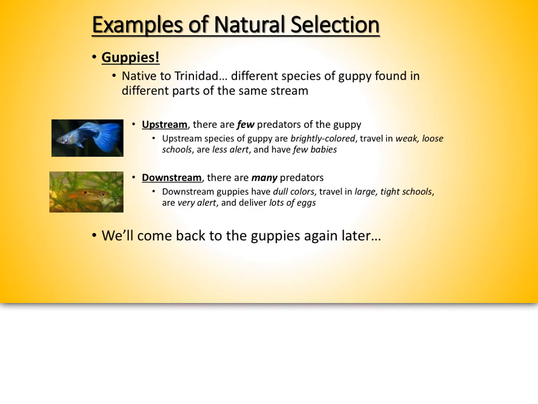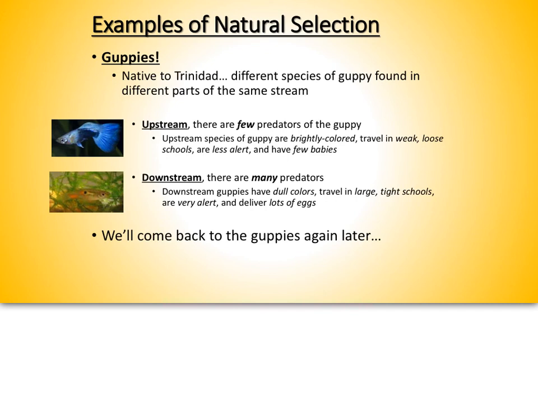But what scientists have noticed is that the guppies, even though they're all the same kind of species, will look different and have great variety in different parts of the stream. In fact, today, we now acknowledge that there are 2 different species of guppy that look very different, and that depends entirely on where they're found in their stream.